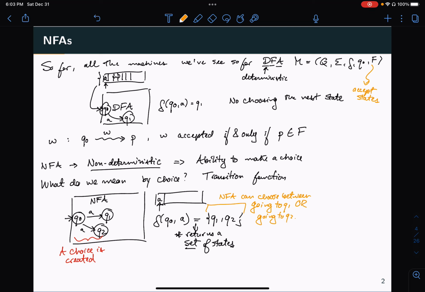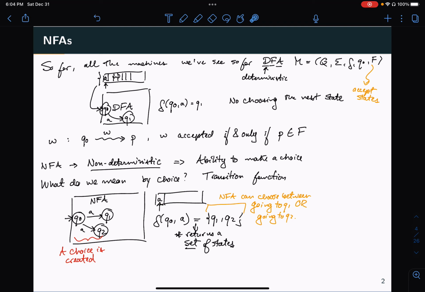So this is very different from a DFA, because in a DFA, when you were reading a symbol at a particular state, you always returned a single state. But now what you return is a set of states, okay? And what happens now when an NFA has to accept a string is that it's going to try all the possible choices for each of the possible states when it reads a whole string W, okay?